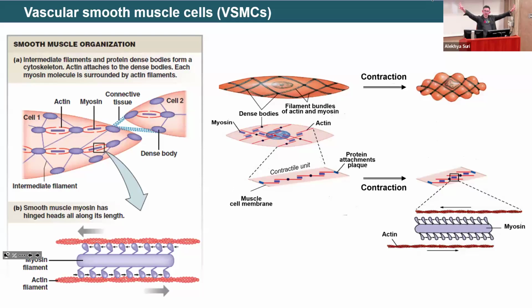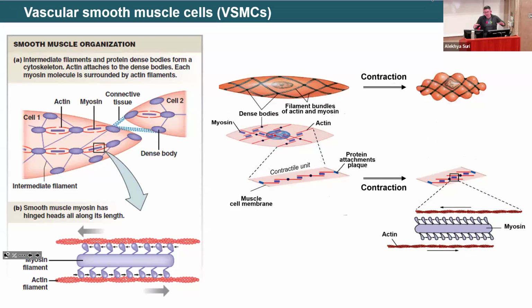So think of my arms here, and probably in the recording you can see them, or from home you can see them. My arms represent actin filaments. My torso would represent sort of a dense body, I guess. And then the action of the myosin molecule basically brings all of this together, right?